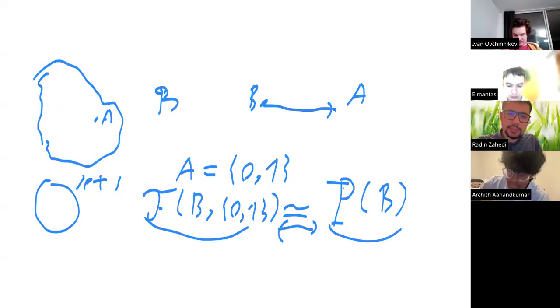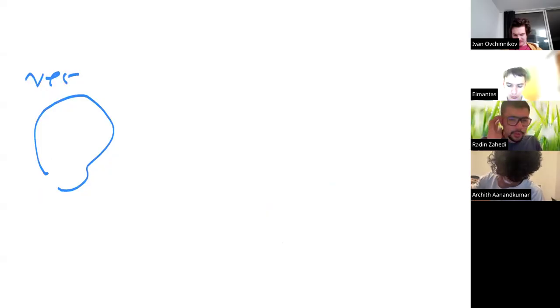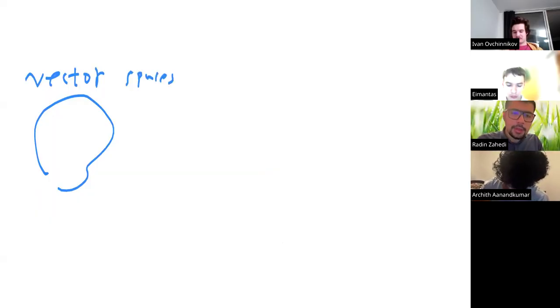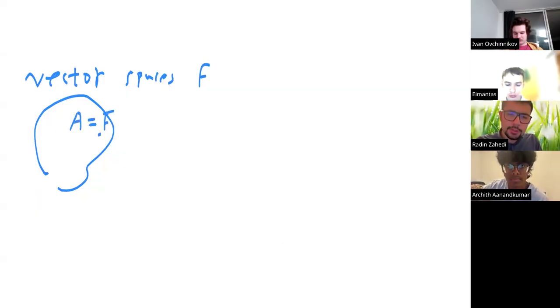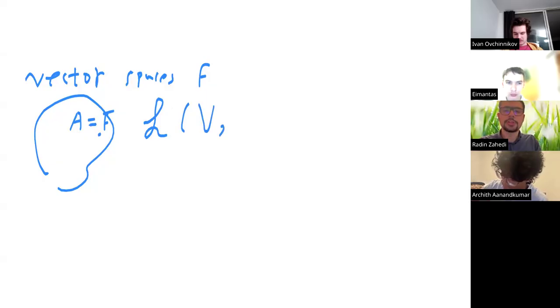So the same thing is thought of for vector spaces. If I fix my object as vector spaces over F, and I fix my A object as the field itself, one might ask what would be the set of linear functions from any vector space to the field itself.